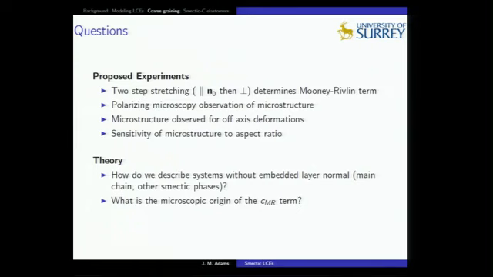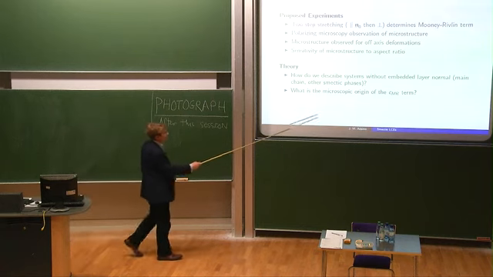We can look at the microstructure for various off-axis deformations and the sensitivity of the microstructure to the aspect ratio of the sample. Theoretically, it's still difficult to understand what's happening in the main chain systems, where the layer normal doesn't appear to be deforming like an embedded layer. So another question: what is the real microscopic origin of this extra Mooney-Rivlin term?